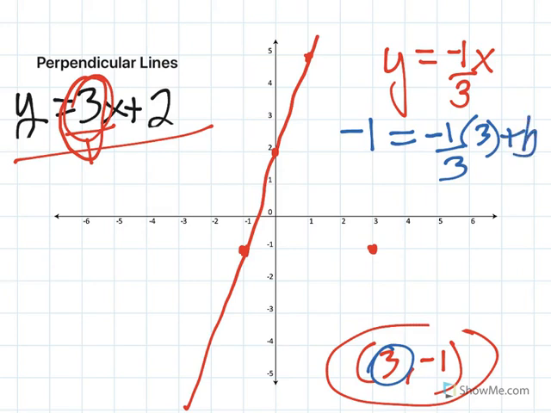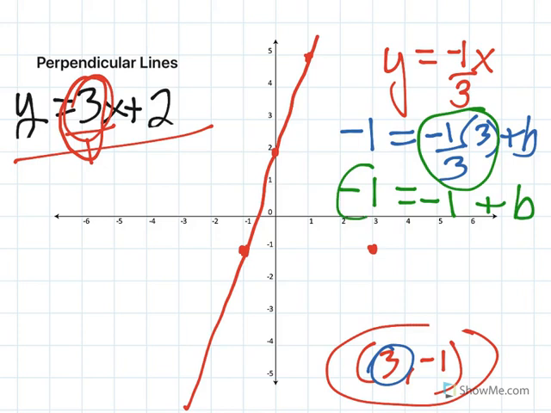Okay, so now if I multiply this part out here, 3 times 1/3 is 1, but it's negative, so negative 1 is equal to negative 1 plus b. Well, if negative 1 is already equal to negative 1, then what is b? In this case, b is equal to 0.